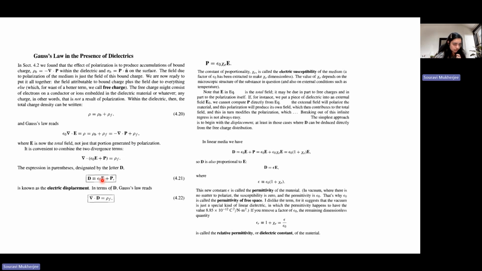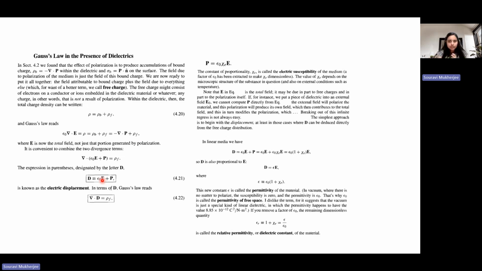And then you're also explicitly looking at the electric displacement, which is associated with the free charge that you have. So if you know the free charge density, you can directly find the electric displacement. But in order to find the net field, you need to know the medium property. You need to know the polarization that is there.